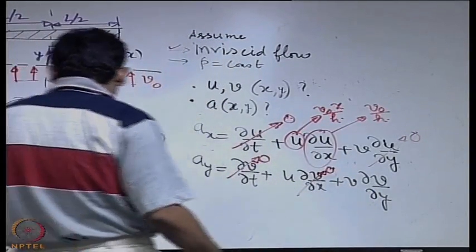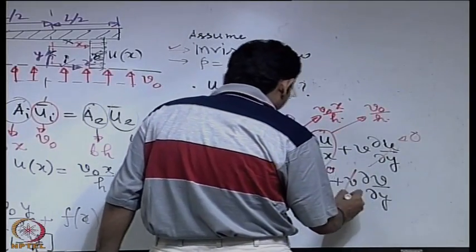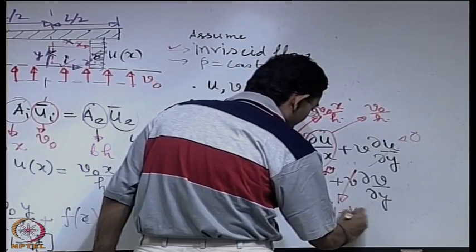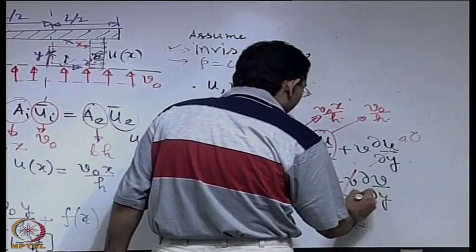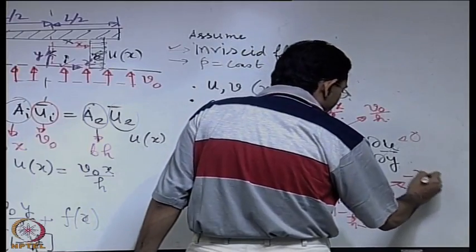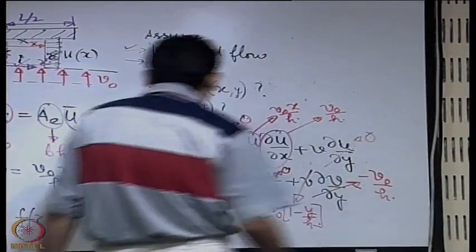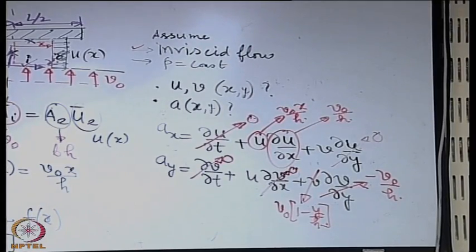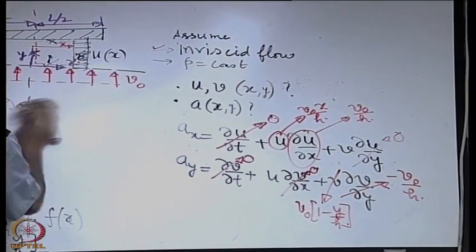So what is v as a function of y? You have v0 into (1 minus y by h), and what is dv dy? Minus v0 by h.